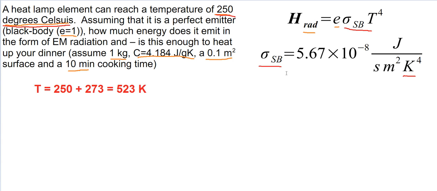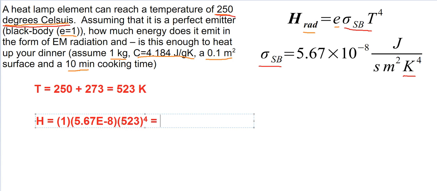Now, with that being said, we can calculate H here. For H, you're going to take the emissivity constant, which is 1. You're then going to multiply it by the Stefan-Boltzmann constant, 5.67 times 10 to the negative 8, which is in joules per second per meter squared Kelvin to the 4. And then you're going to multiply that by your temperature in Kelvin, all to the 4.